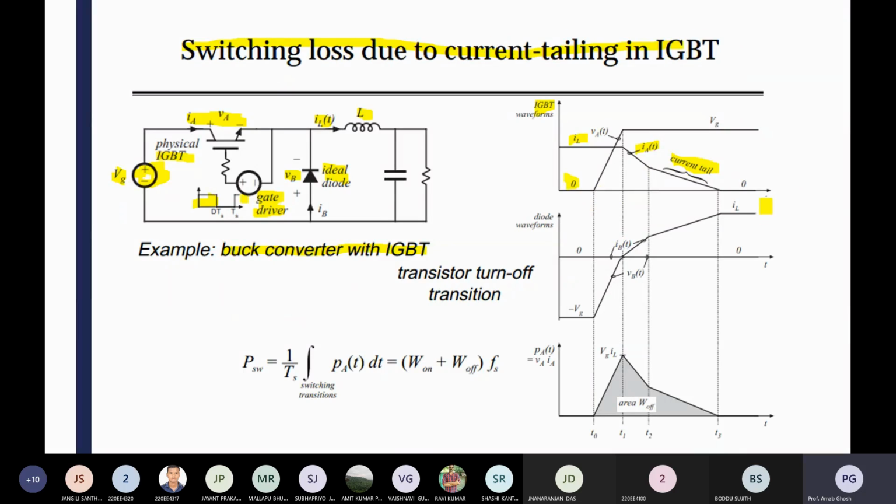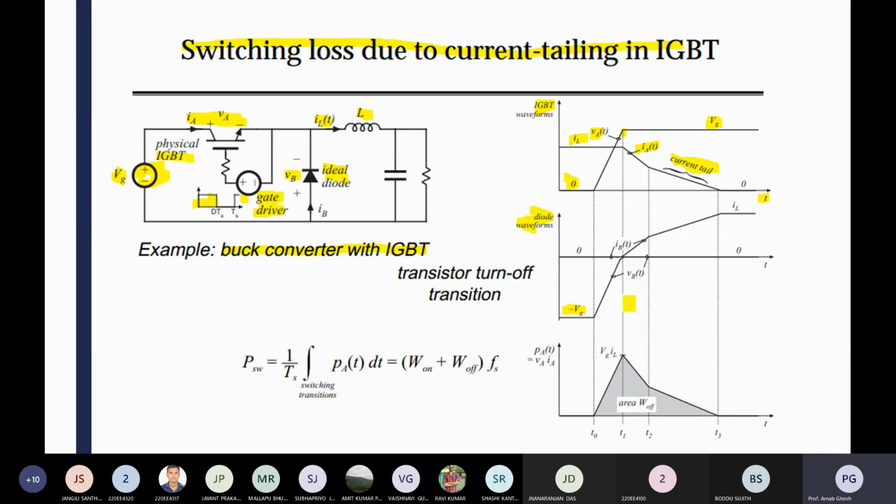In the case of the IGBT and diode, you get minus VG, minus Vt, then it climbs up to 0 value. The VA voltage also climbs up to VG, and then VG is blocked across the IGBT. The current turns down up to some position, then again the current tail is there.